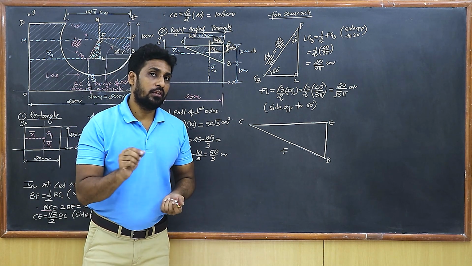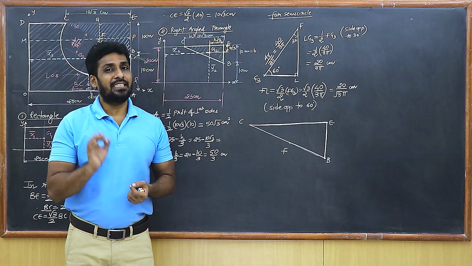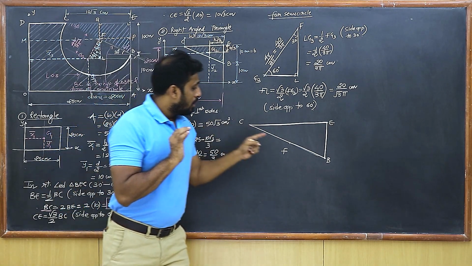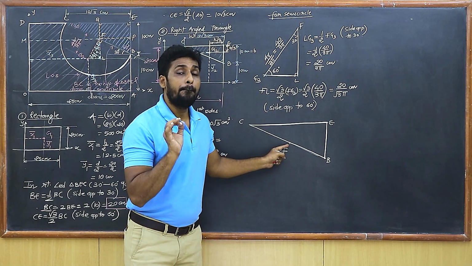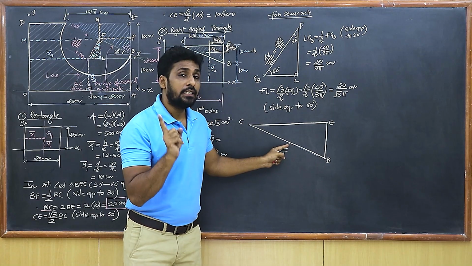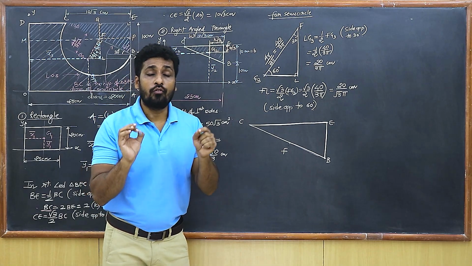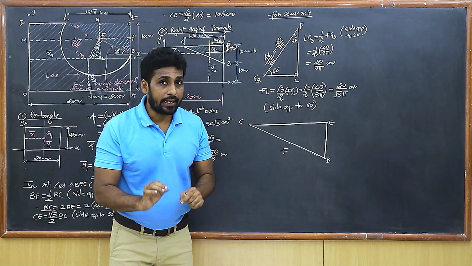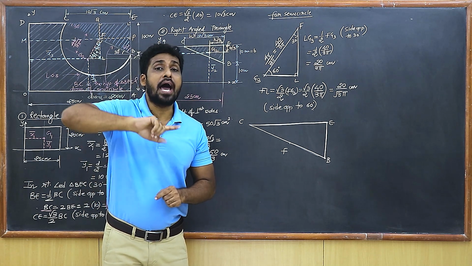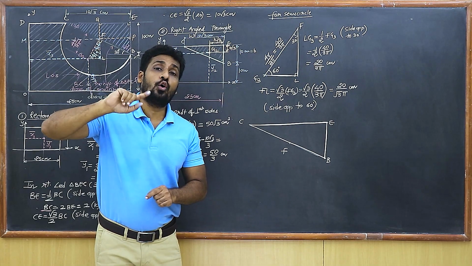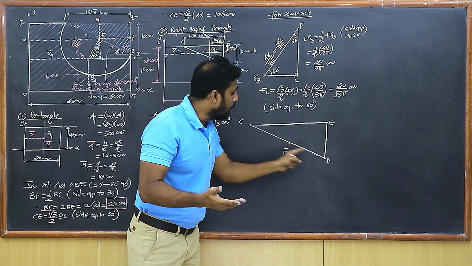Now, do you recall something called the midpoint theorem? Students, what is the midpoint theorem? The midpoint theorem states that the line segment which joins the midpoints of any two sides is parallel to the third side of the triangle and is also half of that third side. So look at this point F. It is the midpoint of BC.